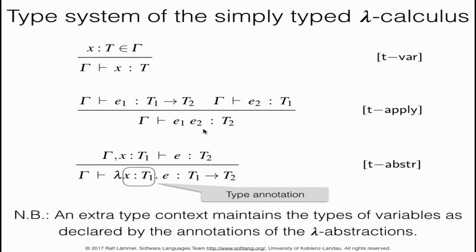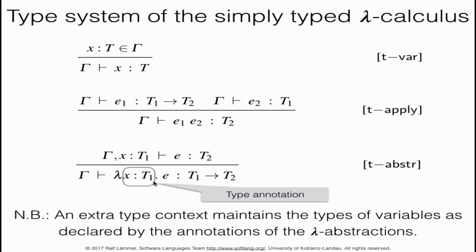The type of a function application is some type T2, if we can show that the function position E1 is of a function type, where T2 of course shows up in the result position, and now the argument E2 of the function application needs to be of the suitable argument type T1 that we already used here.